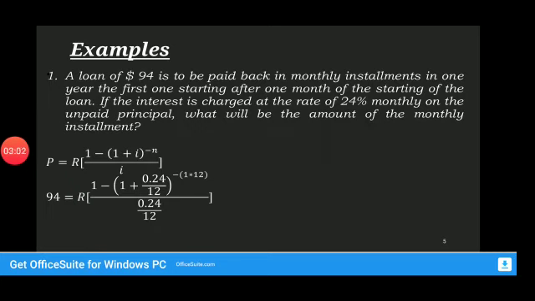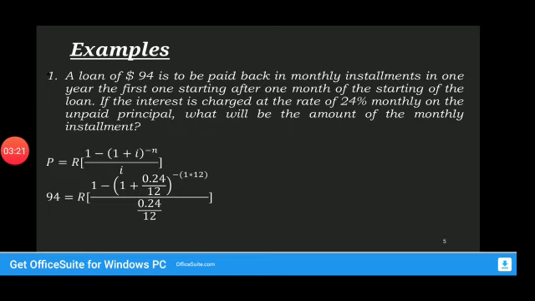Here P is $94 and the interest rate is 24%, but it is compounded monthly, so we need to divide this 24% by 12. So i is 0.24 divided by 12.